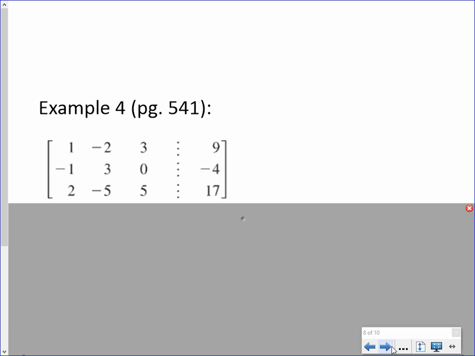It could be an augmented matrix or otherwise. And they're going to give you a list of row operations that they want you to perform to get it into row echelon form. Today you get the steps. Tomorrow you have to think of the steps. So as you're working on your homework or as we're going through this example, think about what our goal is and how we are deciding which row operations to perform.